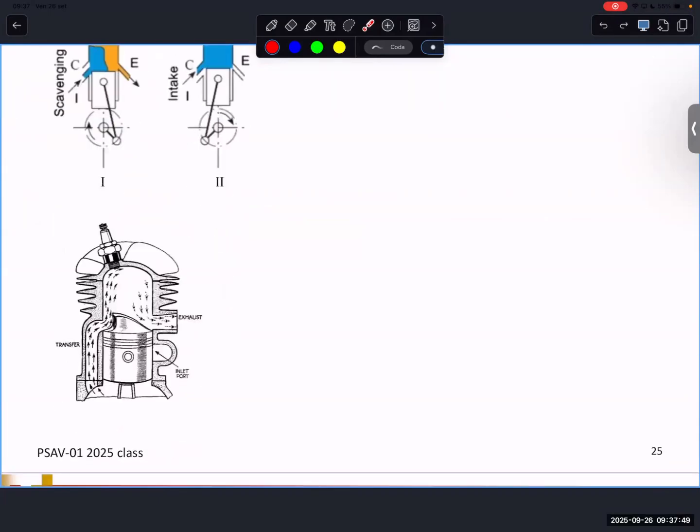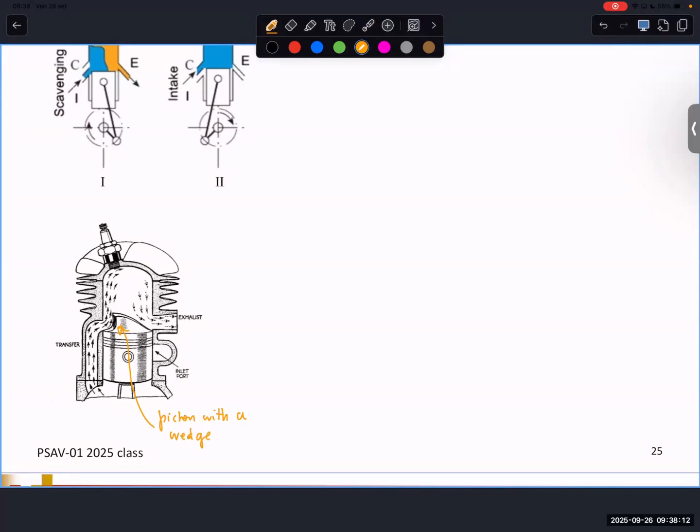You can find in the two-stroke engine a particular shape of the piston. So a piston with a kind of wedge. So anyway, an element.